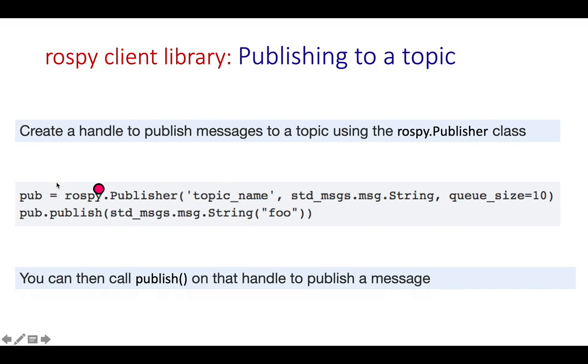Okay, so in a straightforward format, we say that this node is a publisher with these three attributes, and then you can simply call handle.publish and pass it the message. Very good, right? Like I said, these three are the basic things about a publisher.